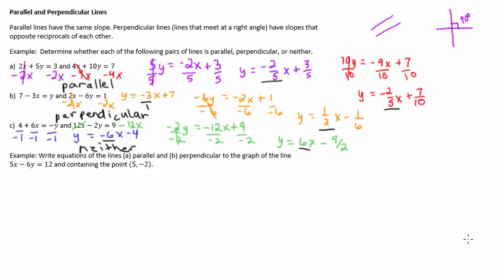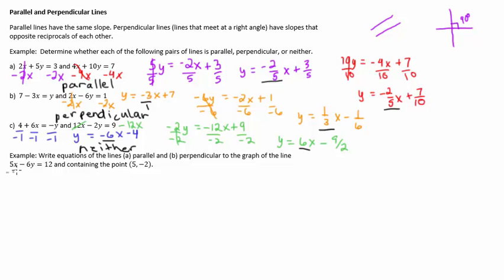Now we're going to use what we've learned about parallel and perpendicular lines to write some new equations. It says write equations of the lines A parallel and B perpendicular to the graph of the line 5x minus 6y equals 12 and containing the point (5, -2). The first thing we need to do is get the slope from this, and that requires us to solve for y.